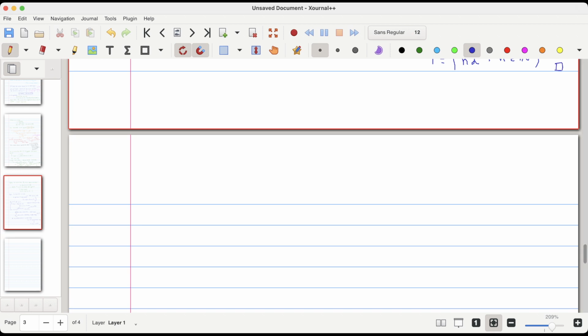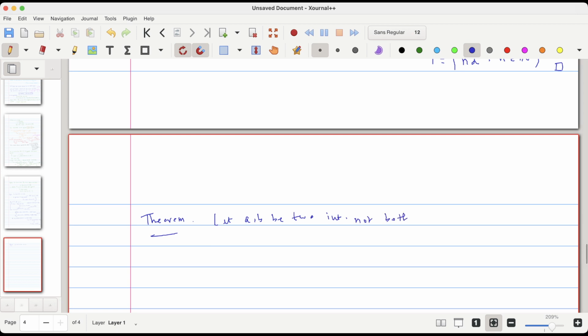Next we have another theorem. Let A, B be two integers, not both 0, such that they are relatively prime. Their GCD is 1.